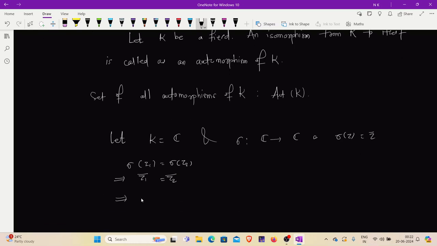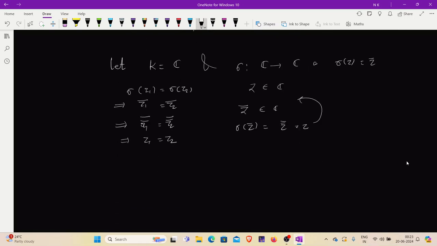So the map is 1-1. Similarly, it is onto: if we take any complex number z, we can take z bar, which is a complex number again, and if I apply sigma on z bar, then z bar bar is z again, so that's a taken element, so the map is onto.